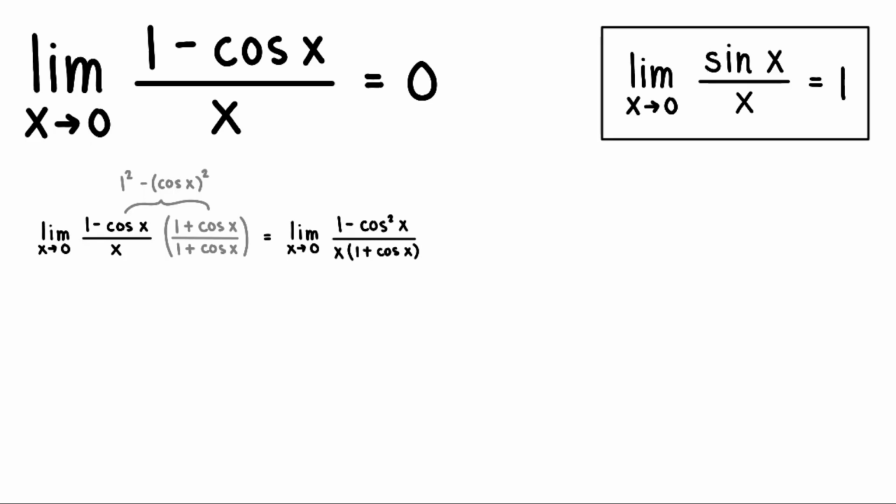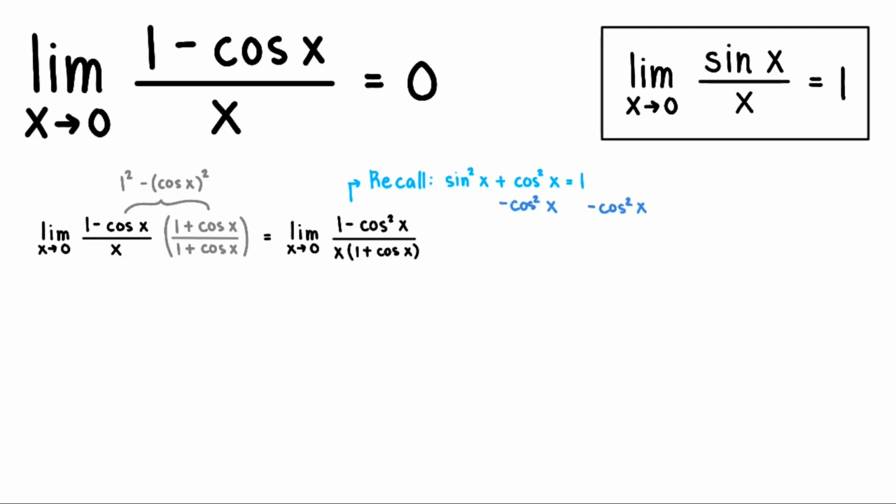So we have this. And then from here, take note that we can even simplify this numerator further. Recall that by the Pythagorean identity, I think that's what it's called, we have sine squared x plus cosine squared x equals 1.